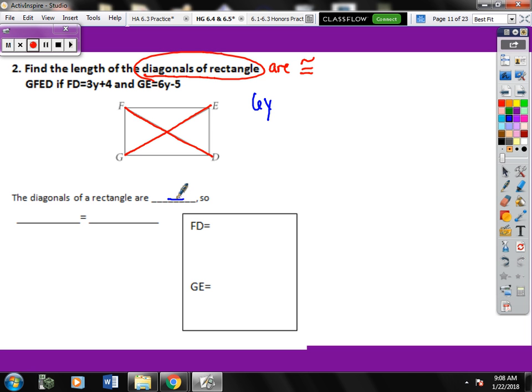FD is congruent to GE. If they're congruent, then they're equal, and we can solve them out. Go ahead and solve that out for y, and find the length of each diagonal by plugging them back in.